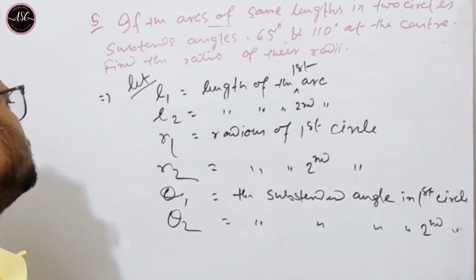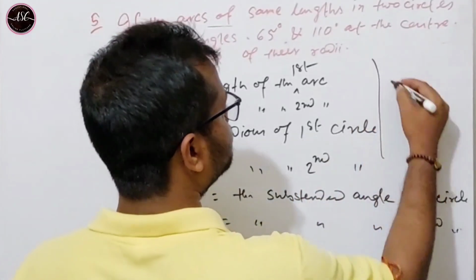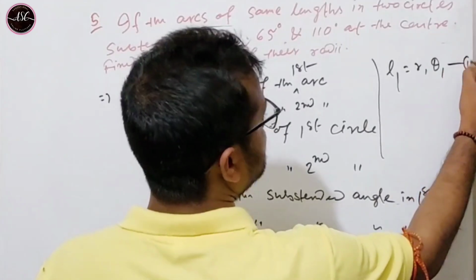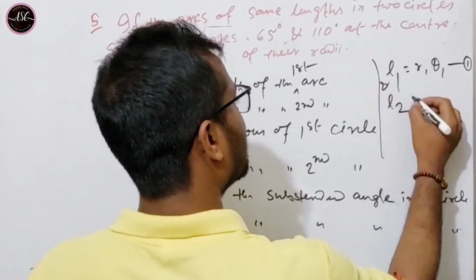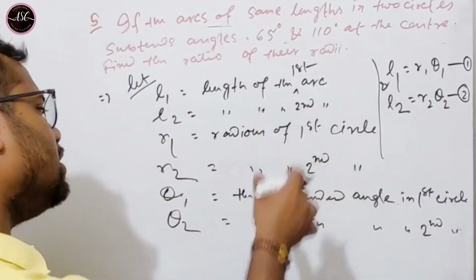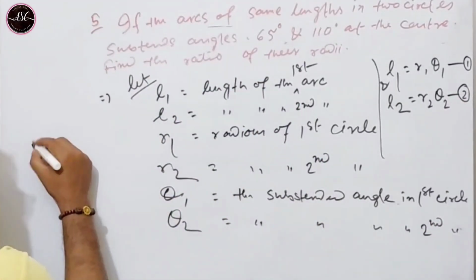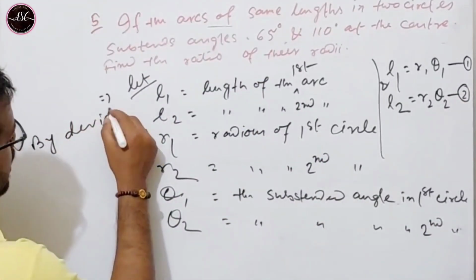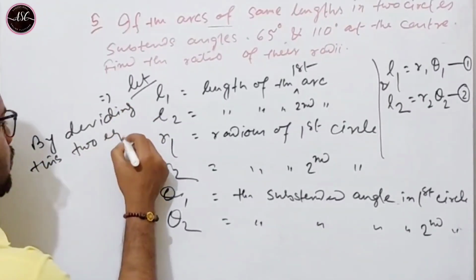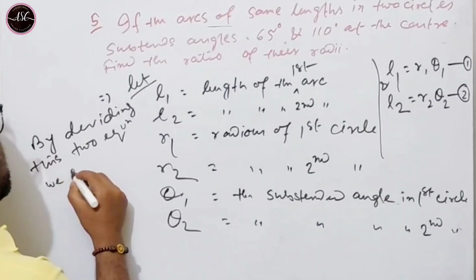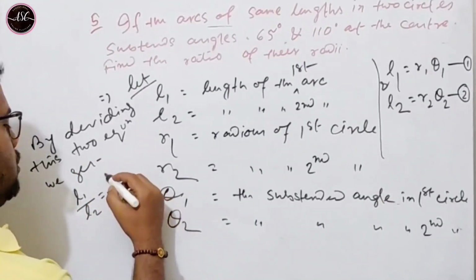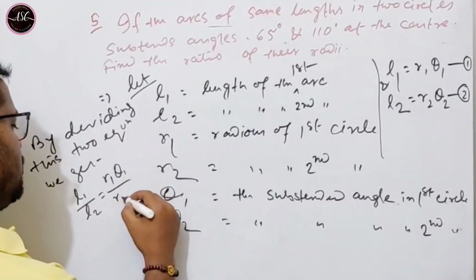So by theorem, we can write L1 equal to R1 theta 1. This is equation number 1, and L2 equal to R2 theta 2. This is equation number 2. By dividing these two equations, we get L1 by L2 equal to R1 theta 1 by R2 theta 2.